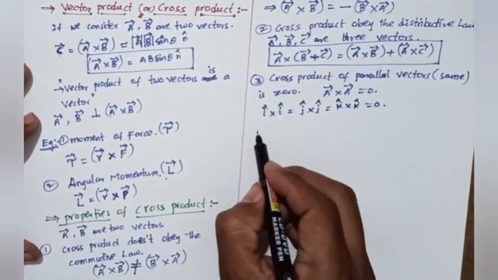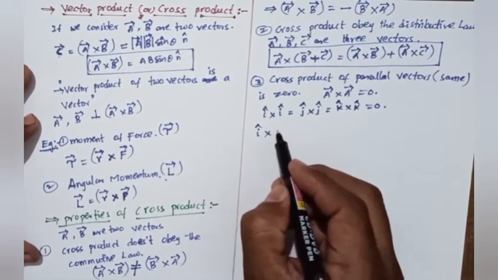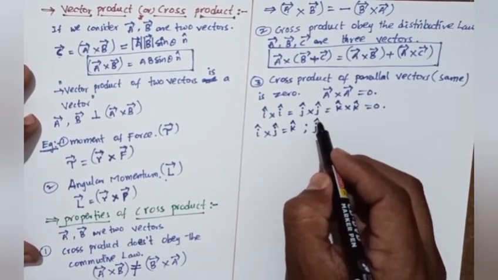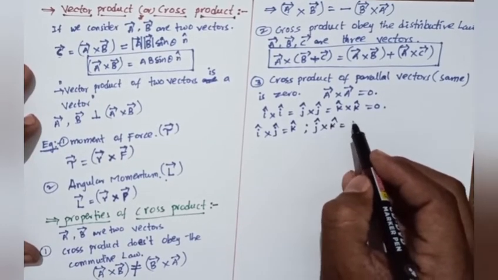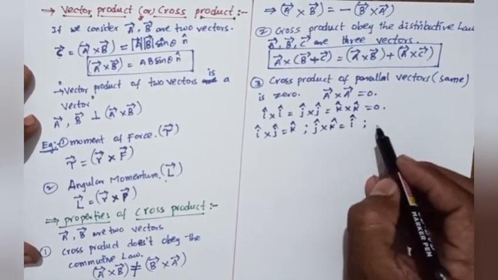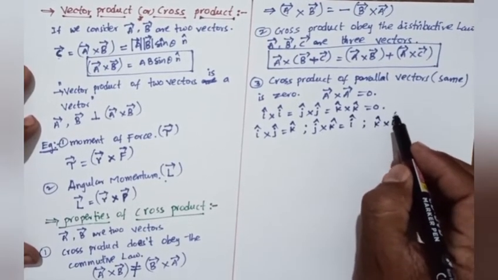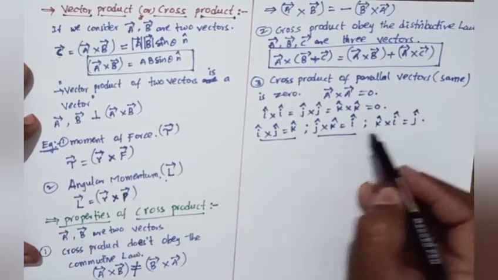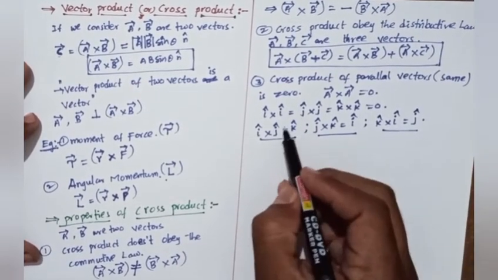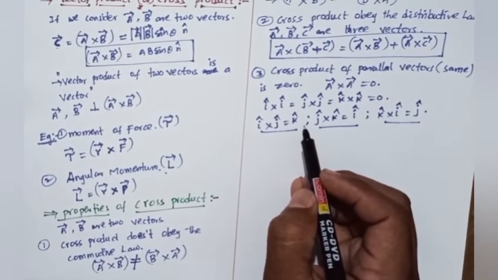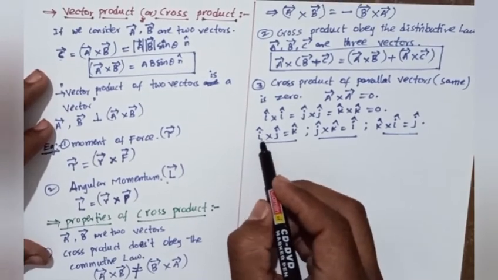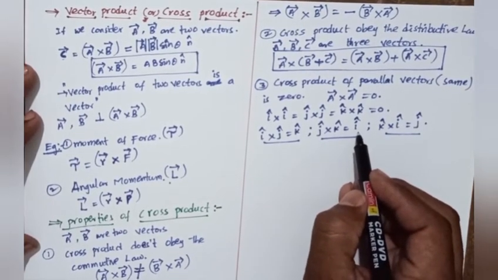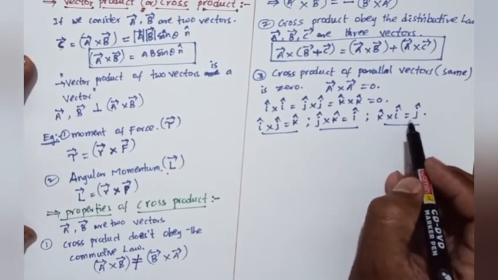Also, I cap cross J cap equals K cap, J cap cross K cap equals I cap, and K cap cross I cap equals J cap.